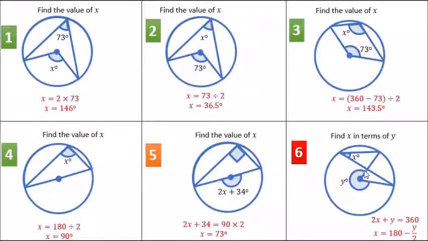But because that forms the other side of this angle y, that means 2x plus y is going to equal 360. Then I can rearrange that to make x the subject. I can take y away from both sides to get 2x is equal to 360 minus y. Then I can divide by 2 to get x is 180 minus a half of y.